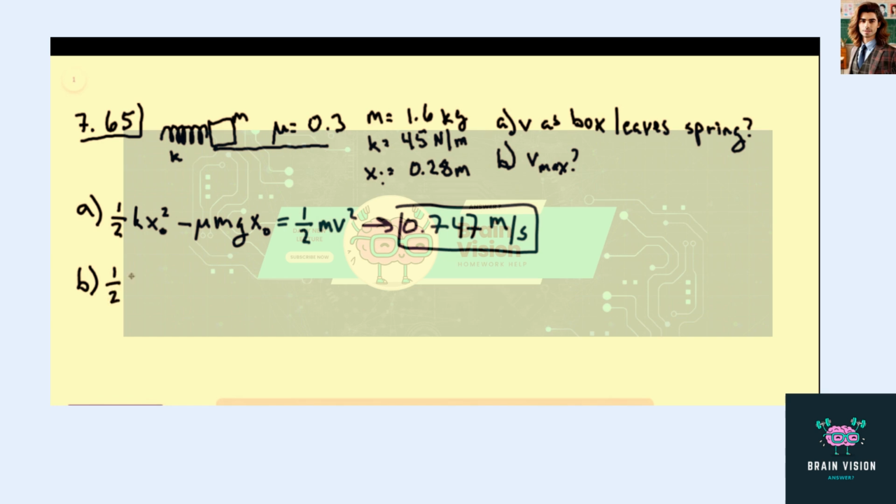So we have 1/2 k x naught squared minus mu mg, and this time we have x naught minus x, equals 1/2 mv squared plus 1/2 kx squared. x decreases as the box moves because x is the amount of compression of the spring.